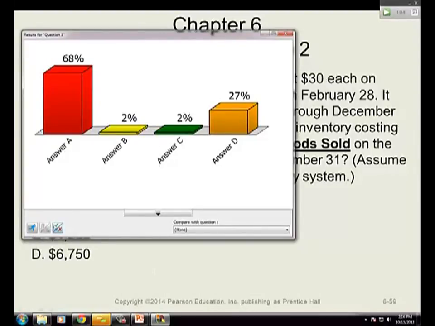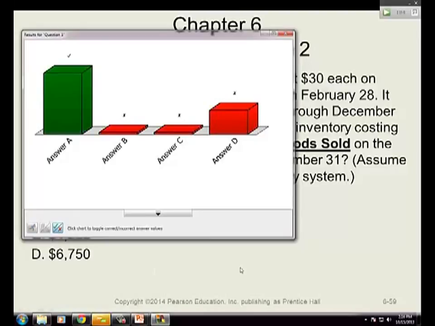Okay, so your answer is A. Here's why. If you're using FIFO, and I want the cost of goods sold, first in, first out.